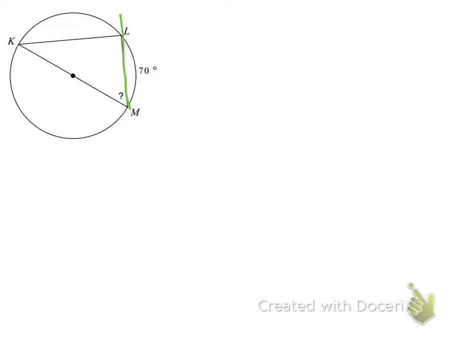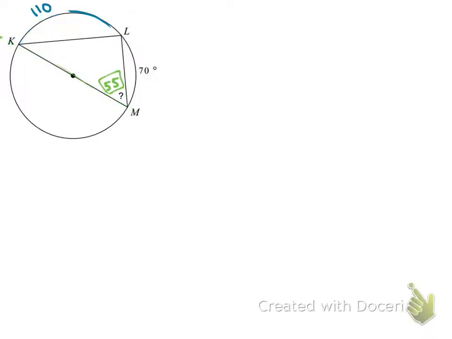So here's angle M. What's the name of its intercepted arc? KL. We notice we have a diameter, right? So if we have 70 degrees out of the 180, what's the measure of KL? 110. So then how do I find the angle? Divide by 2. So 55. Option number 2.